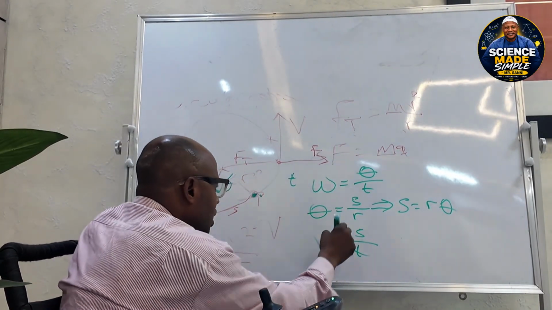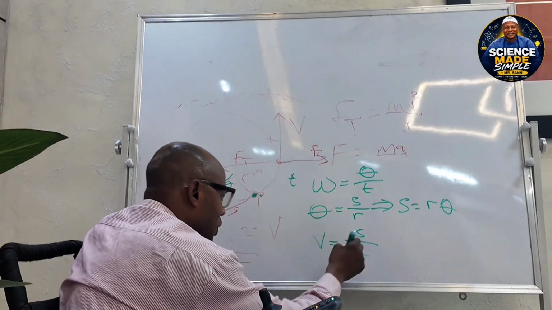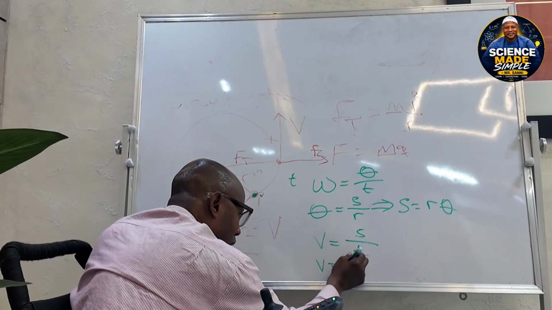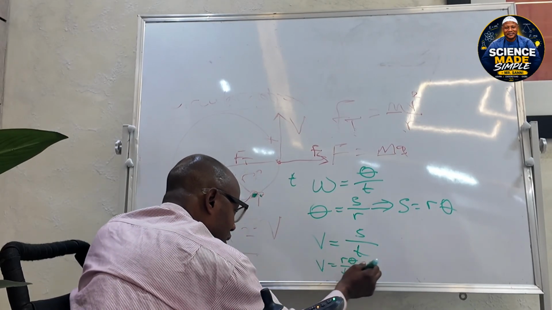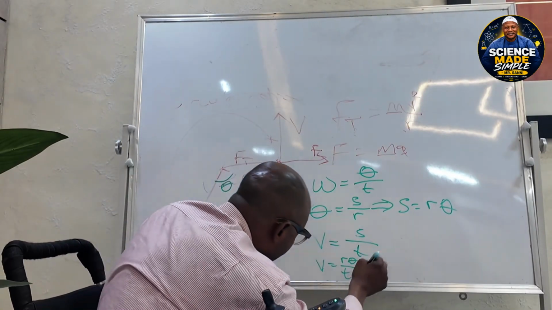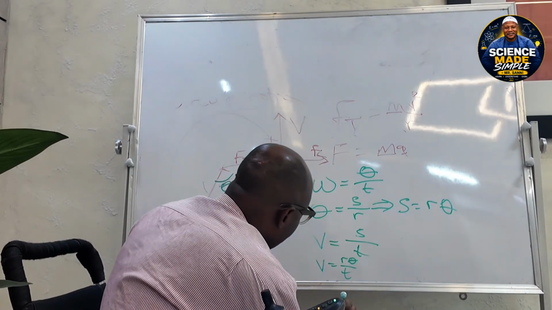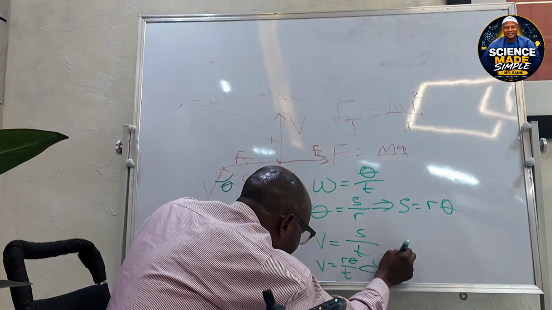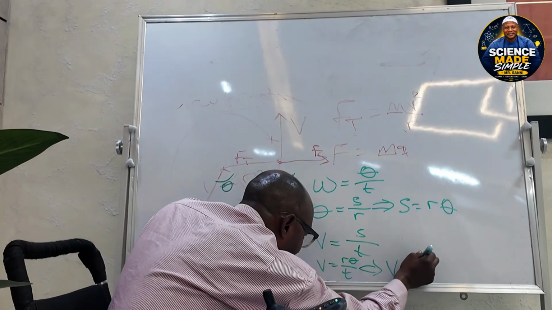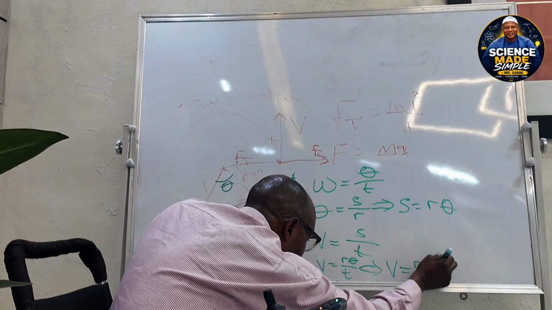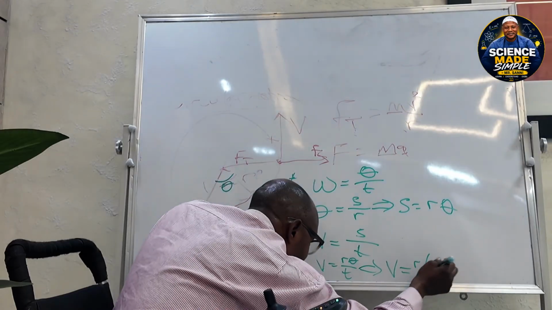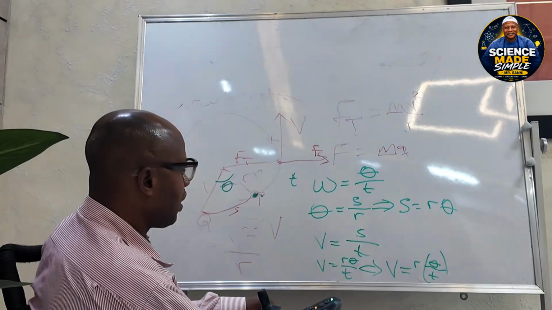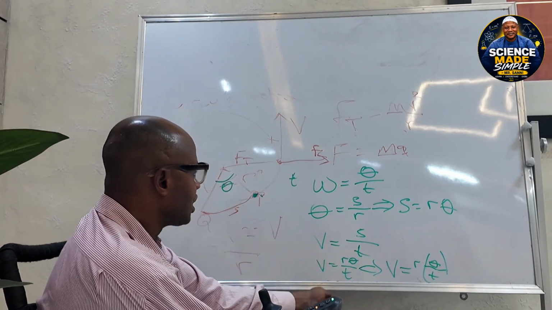So instead of writing S, we can say our V is equal to R theta all over T. We can simplify this as saying that our V is equal to R theta over T.